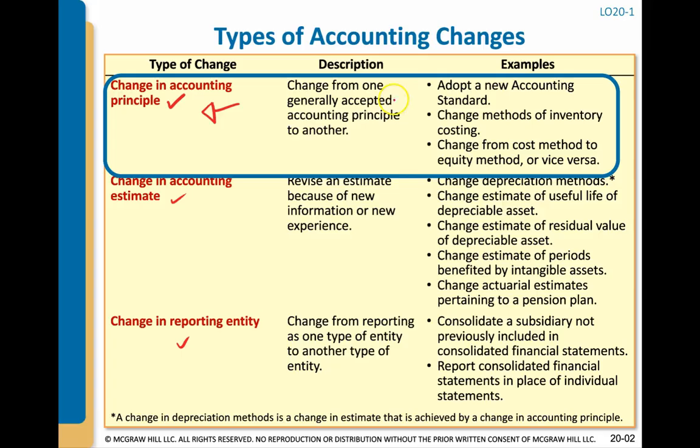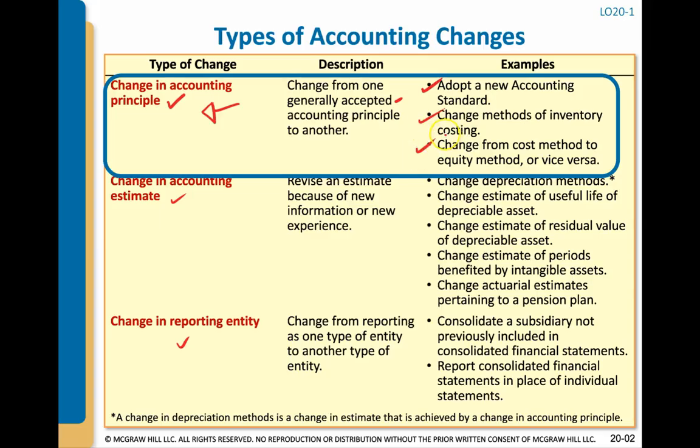A change in accounting principle is when a corporation changes from one generally accepted accounting principle to another, and that can occur several ways. Number one is that if there's a new accounting standard that's issued that a company must adopt, then they have a change in accounting principle. If they decide to change their inventory methods from LIFO to FIFO or whatnot, that would be a change in accounting principle.